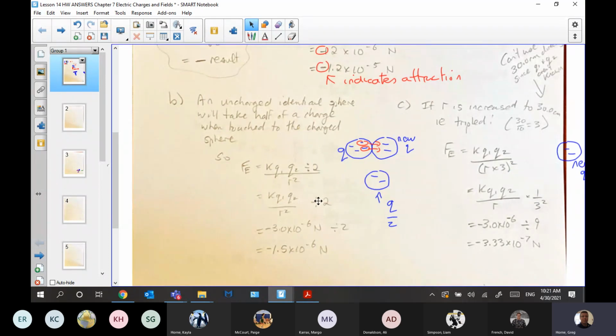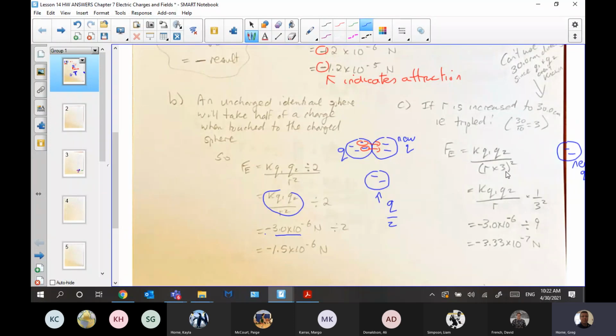So we've got a divide by 2 factor in this one. That's the same idea here, where the charge they told us, the magnitude of the charge is this, and I'm including the negative because of the attraction idea. But you get that charge, it just gets divided by 2. Then they talked about increasing the radius to 30 centimeters. It's important to recognize that means it's tripled, the 30 divided by the original 10 is times 3.